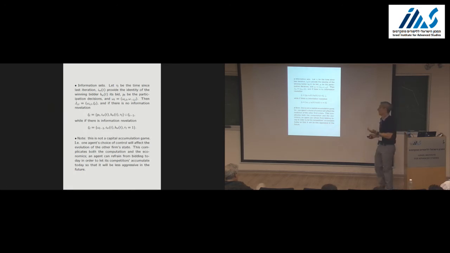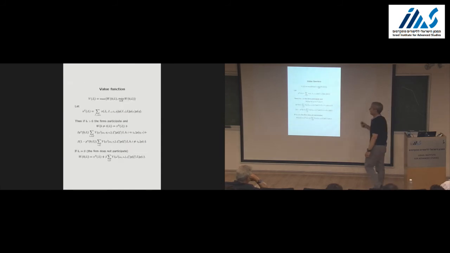So it's not a capital accumulation game. This complicates the computation and the economics. An agent can refrain from bidding, or not bid aggressively today, in order to let its competitor win today, so that tomorrow the competitor will be less aggressive because it's going to have a bigger stock tomorrow, and maybe it's better for me to win tomorrow than win today at a higher price today. Okay?